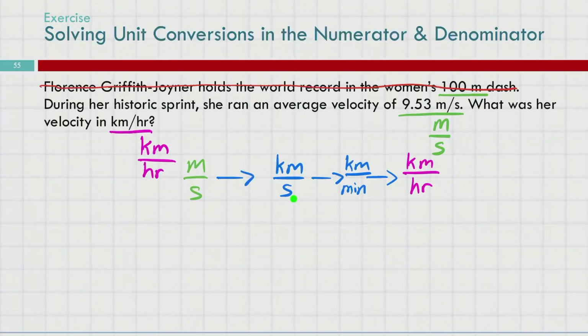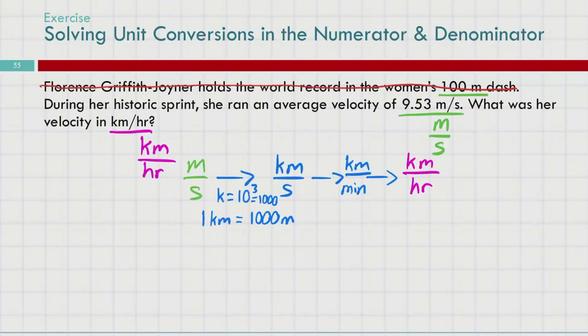In our first step, the thing that's changing is meters going to kilometers. Kilo equals 10 to the 3, which is the same as 1,000. So 1 kilometer, that K turns into the 1,000. So 1 kilometer is equal to 1,000 meters. In our second step, our kilometers aren't changing, but our seconds and our minutes are changing.